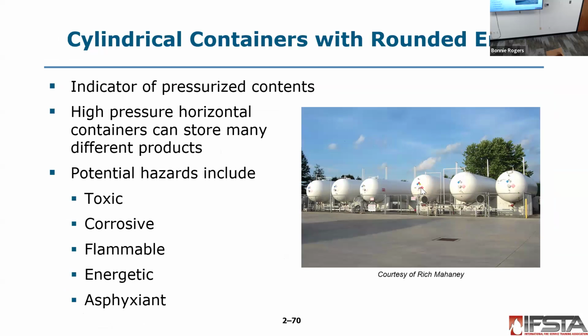We've got a horizontal container with a rounded skin. What do you think might be in there? Pressurized gas. And what is toxic? Poisonous. Corrosive is what? Acidic or basic, corrosive to your skin, breaks down or damages.